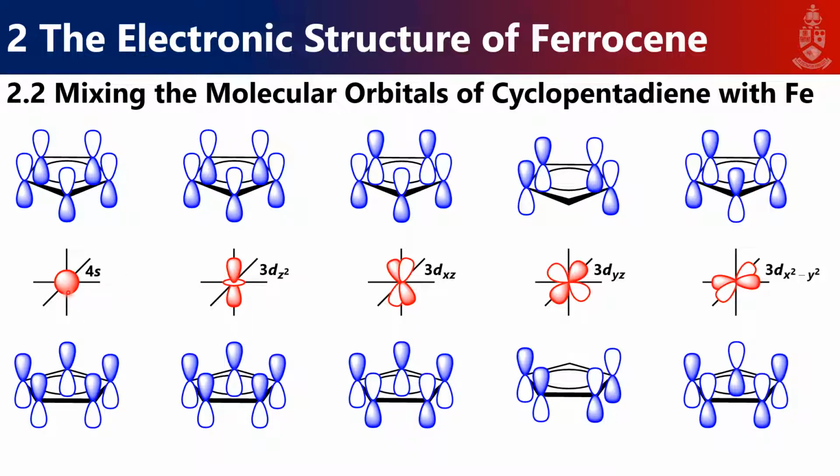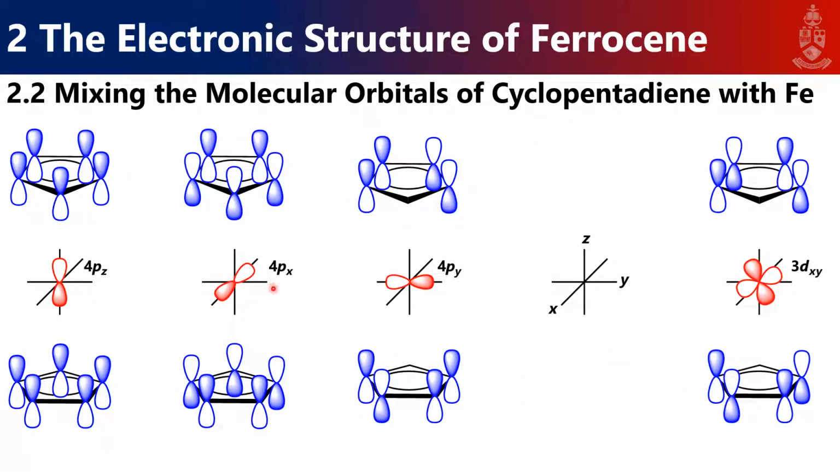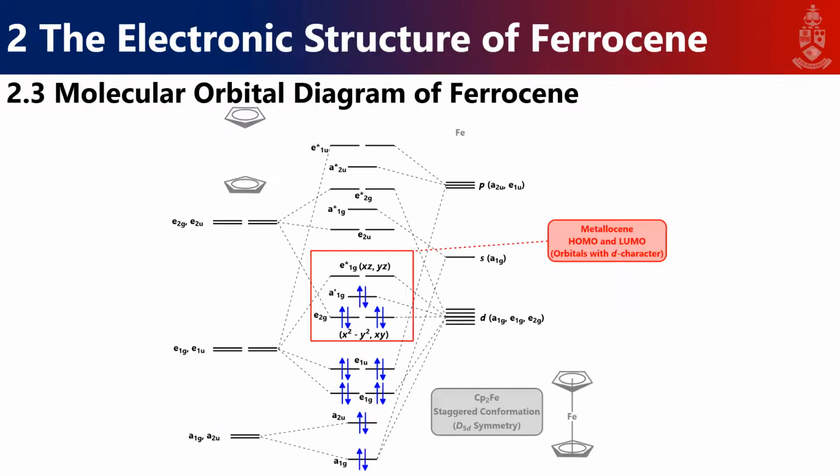So the iron center has a 4s, a 3d z squared, a 3d xz, a 3d yz, a 3d x squared y squared, as well as a 4pz, a 4px, and a 4py, and then a 3d xy option. And all of these can overlap to form the complete molecular orbital diagram.